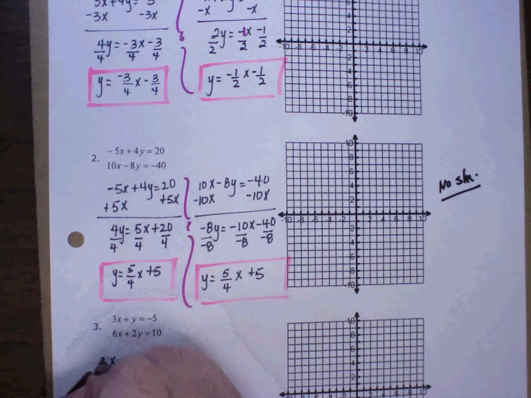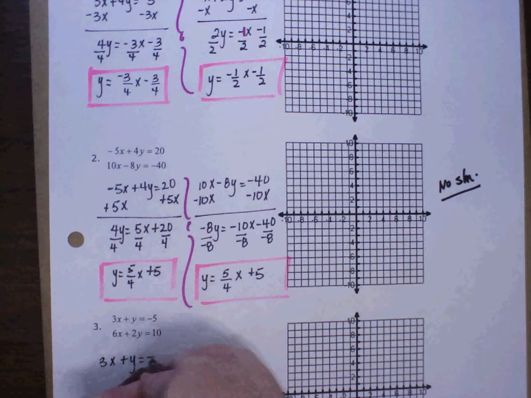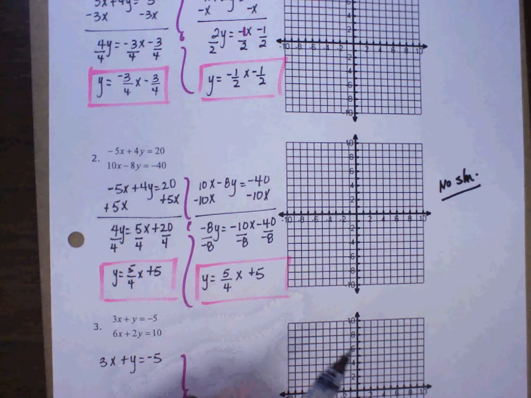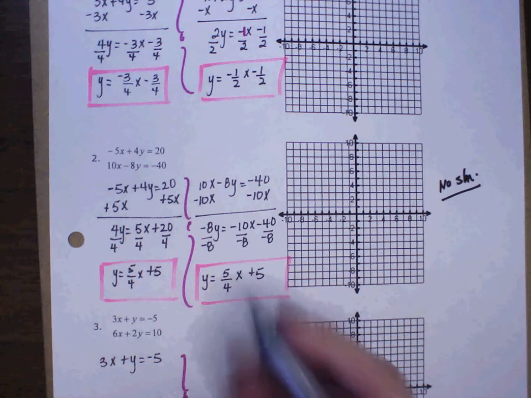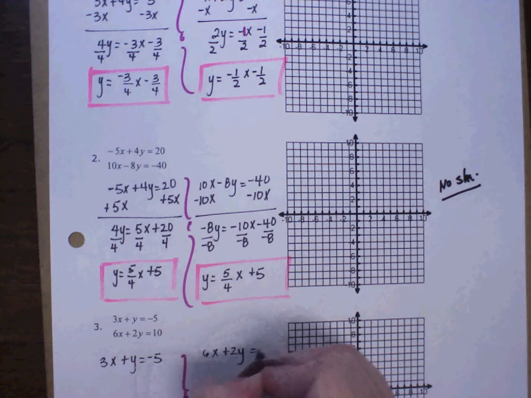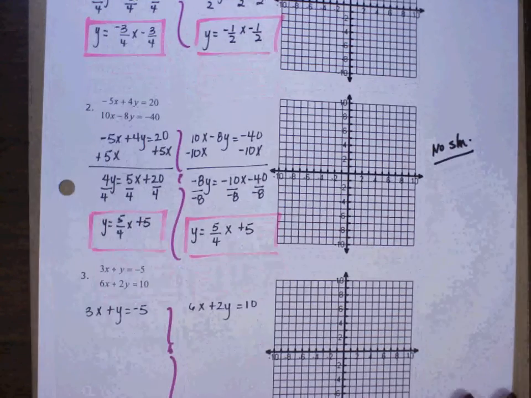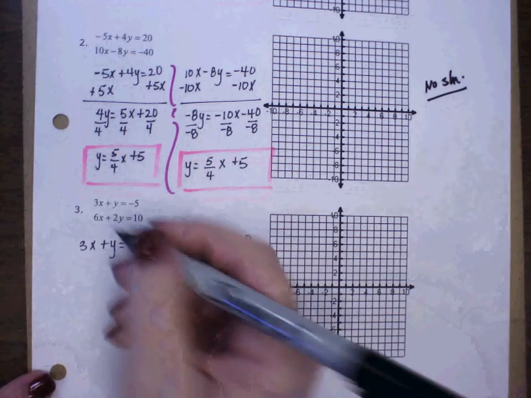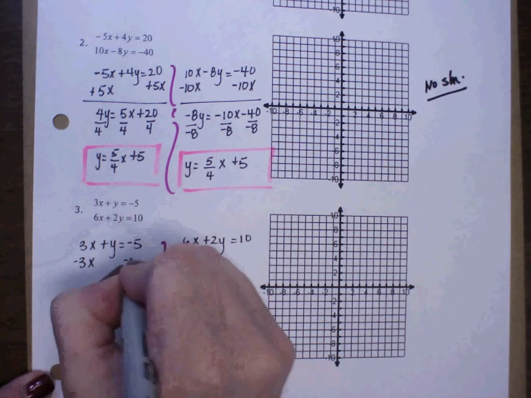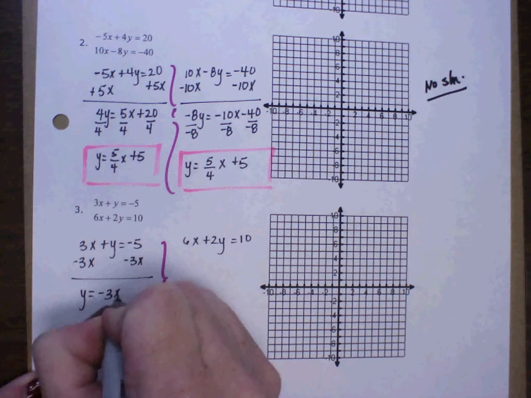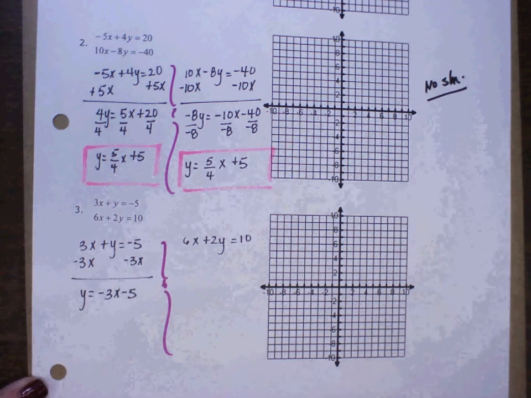3x plus y equals negative 5. And then 6x plus 2y equals 10. So minus 3x. So negative 3x minus 5. That's it. We don't have to do anything else.